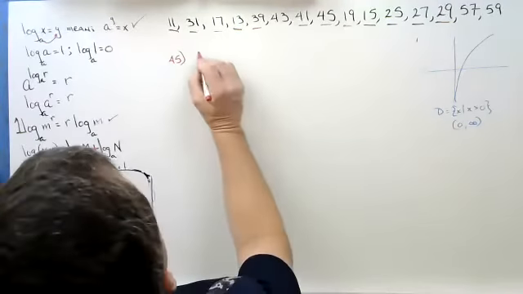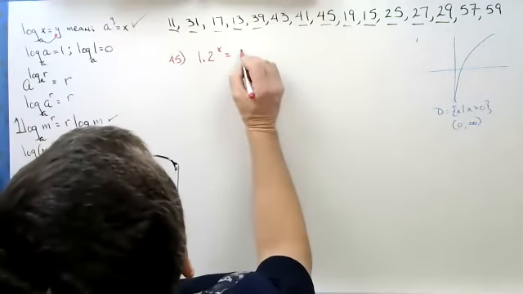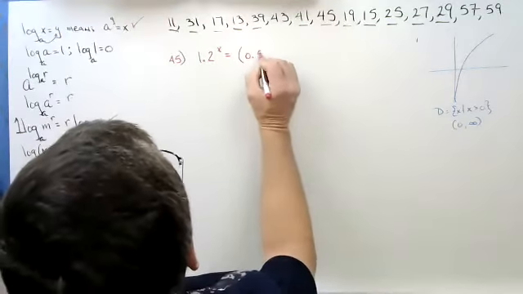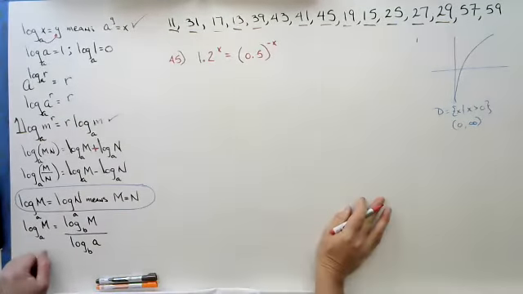45 says 1.2 to the x equals 0.5 to the minus x. We're going to take the log of both sides.